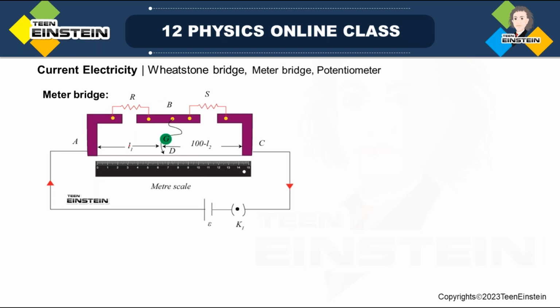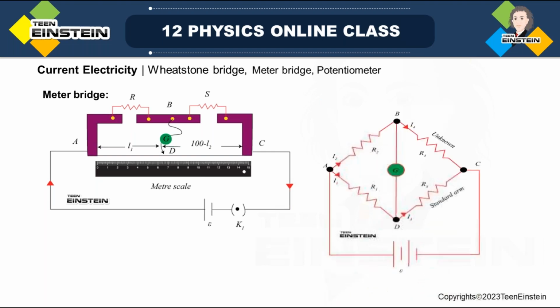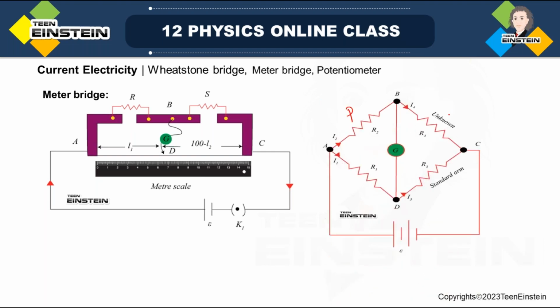Look, you can see in this figure, this is actually the meter bridge. In this meter bridge, what are the things? I have P, Q, R and S, like say my P, then Q, then R and S. I should keep this in mind and compare. Between B and D there is a galvanometer. You can see this. Fine.